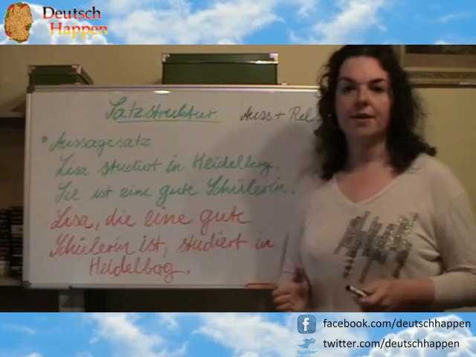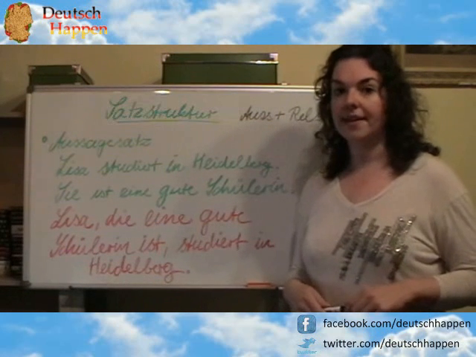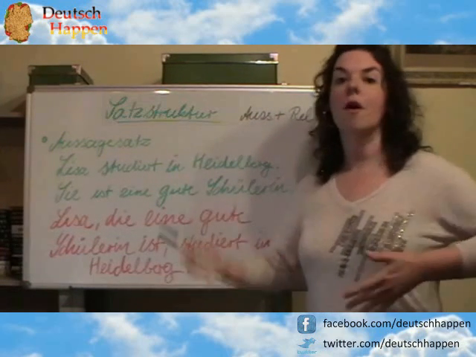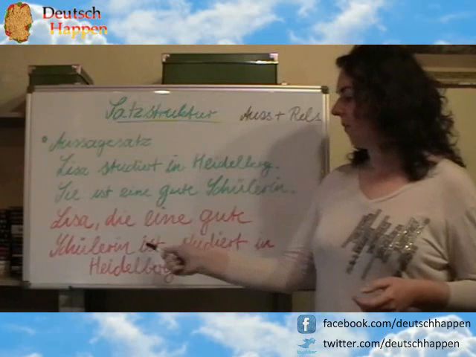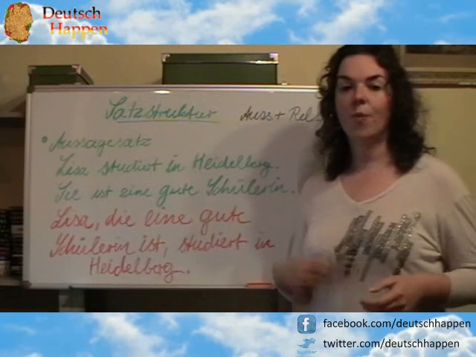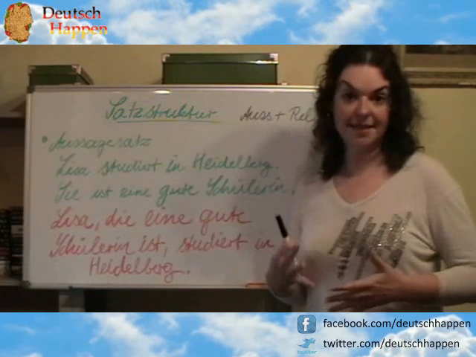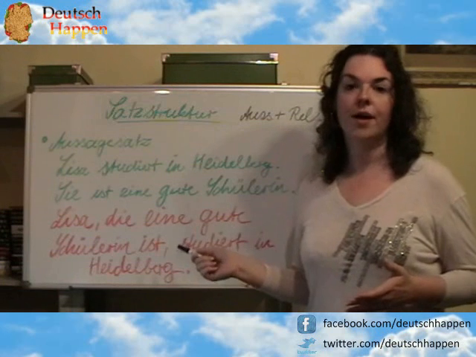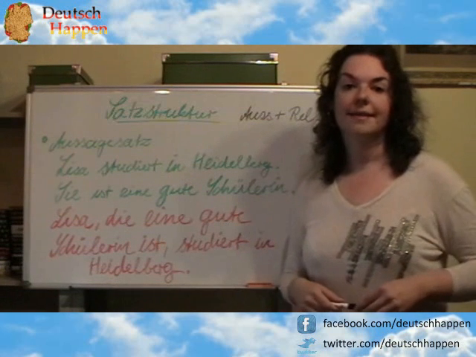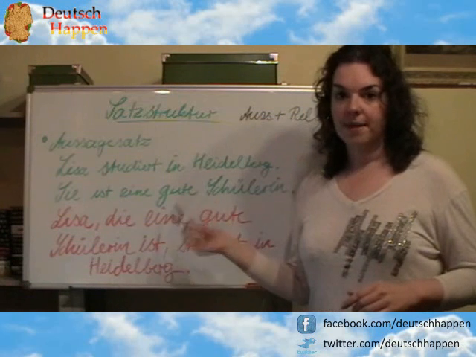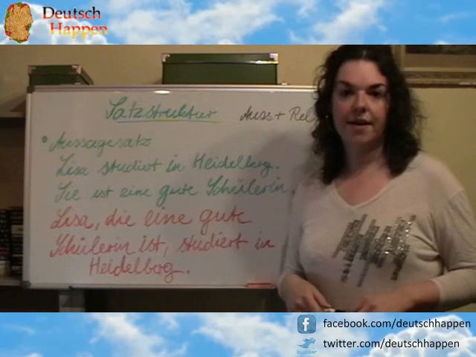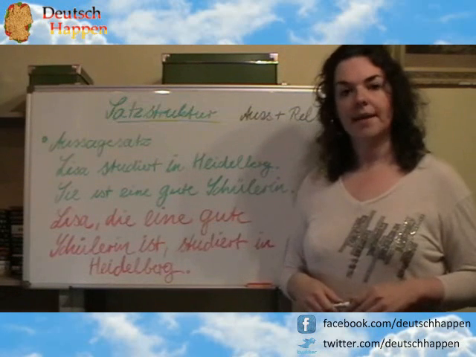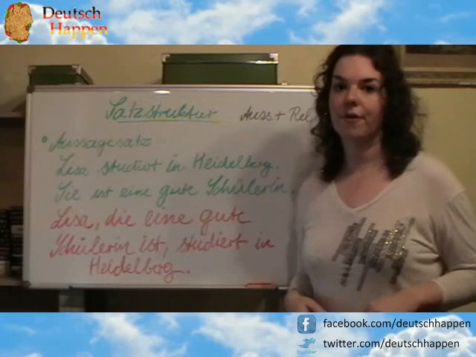So I want to concentrate in this lesson on the so-called Aussagesatz, if you will, normal sentence, versus let's see what happens to the normal sentence structure when I want to make it a relative clause. So in German called der Relativsatz, with using a relative pronoun, and you will also see that some things happen to the verb. Alright, but let's start with the normal Aussagesatz first.